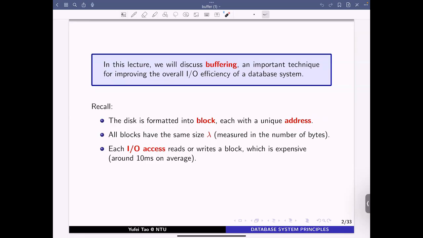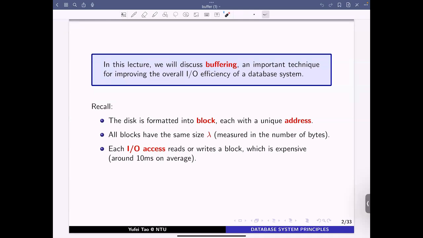So address is just some unique identifier. Last time we said it's a pair, and the pair tells you which track contains the block, and also what is the ID of the first sector inside the block. Well, if you want, you can just think about it as an integer.